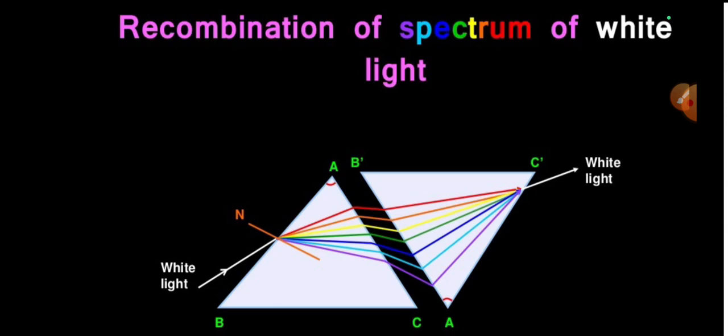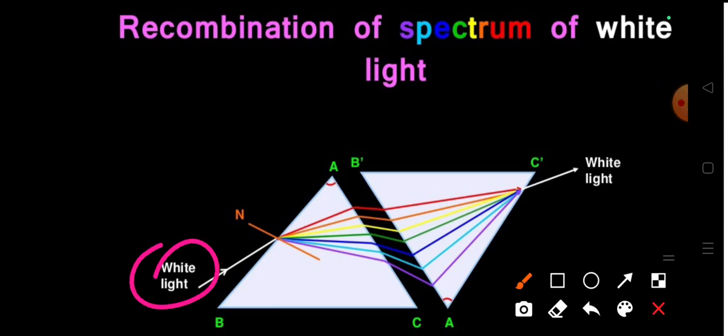With that composite light, we can split it into seven colors using a prism, and again passing the split colors through an inverted prism, we can get composite light. What we passed, we got back here.